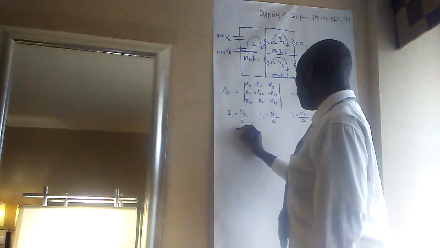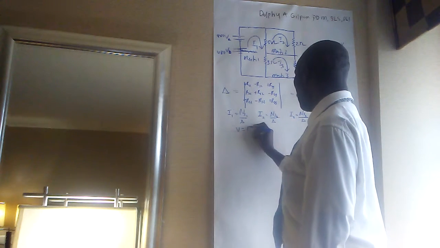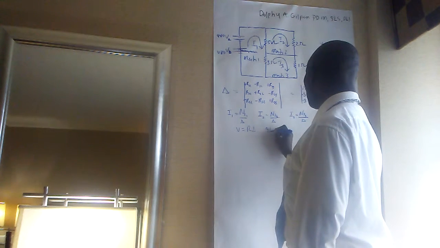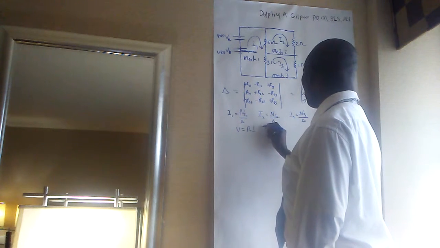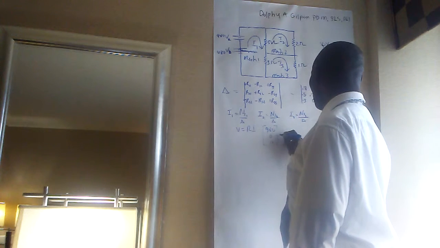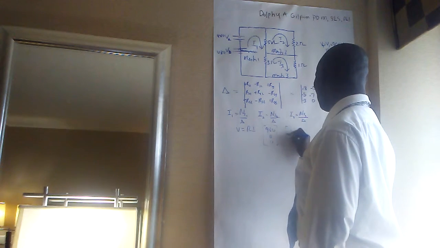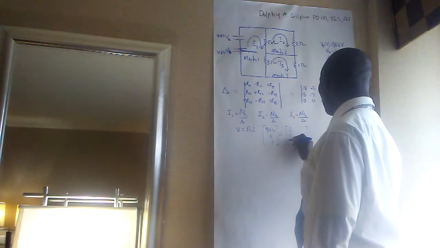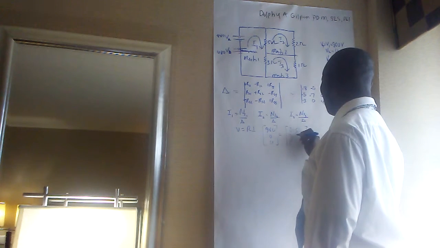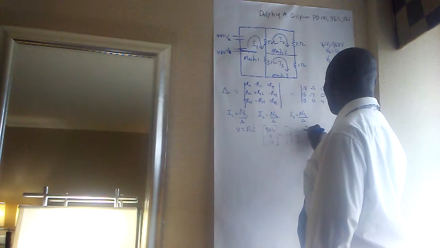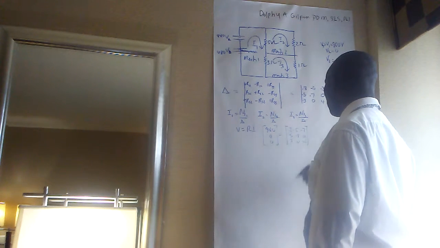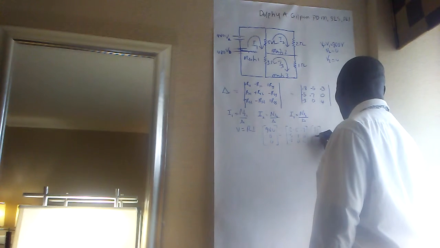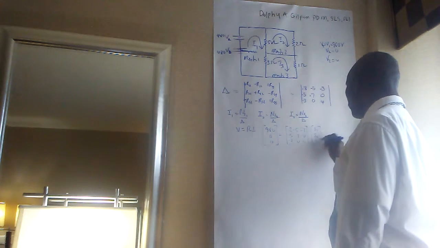So we use Ohm's law and say now that V is equal to Ri, or that 960, 0, 0 voltage will be equal now to R, 8 minus 5 minus 3, minus 5, 7 and 0, minus 3, 0 and 4, times I1, I2, and I3.